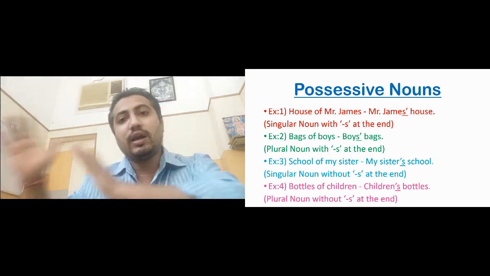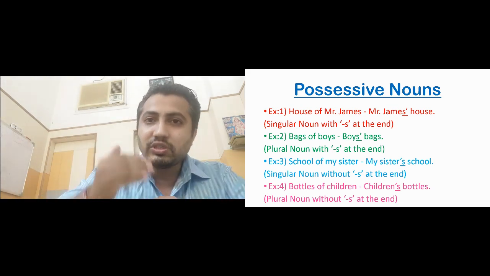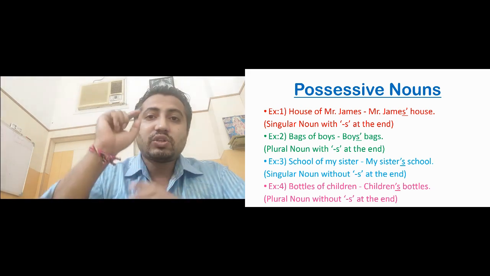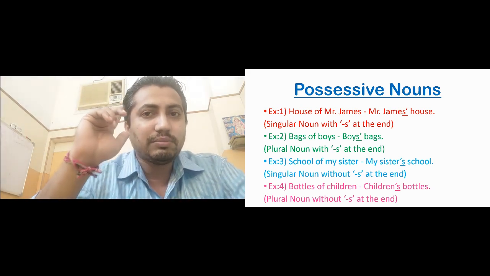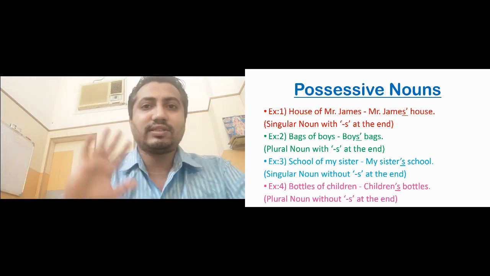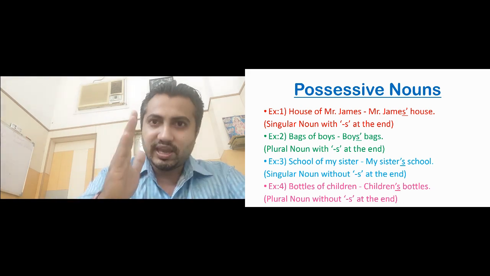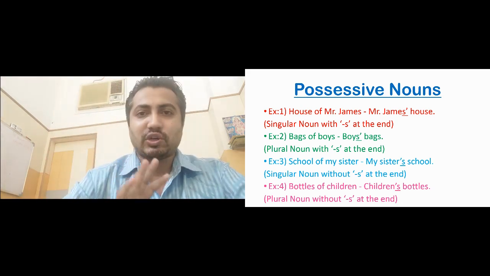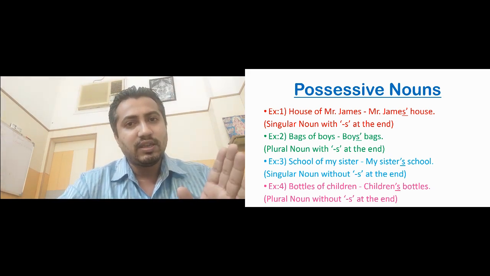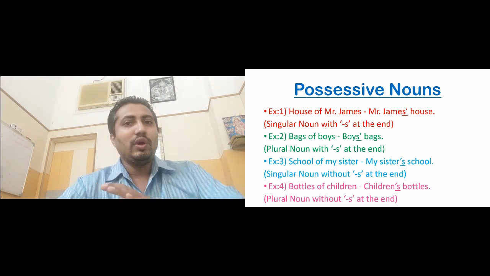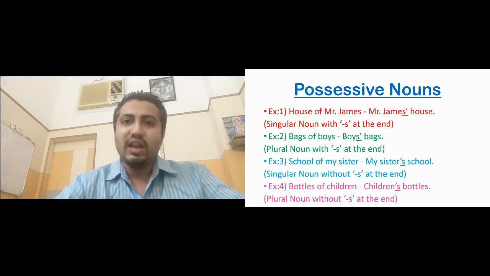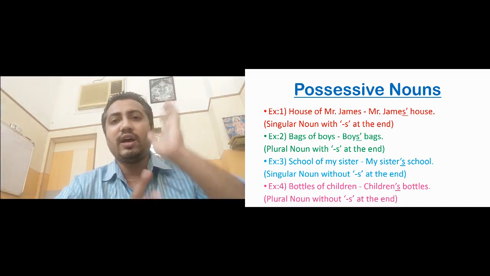It is Mr. James's house, so we have to show ownership using apostrophe s. What is the last letter of James? S. So we do not need apostrophe s. After the s in James we only have to put an apostrophe. So it becomes Mr. James' house. If the last letter is s, we only have to put an apostrophe.